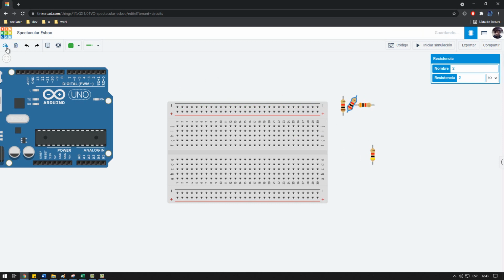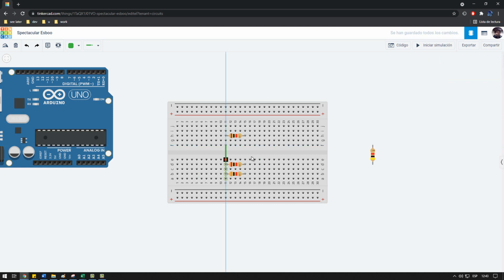R1 here. I'm going to put it where maybe we can use here. Yes. R2 and R3. Okay, here. Of course, we need to create a parallel circuit like this.